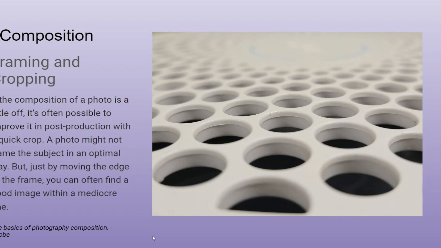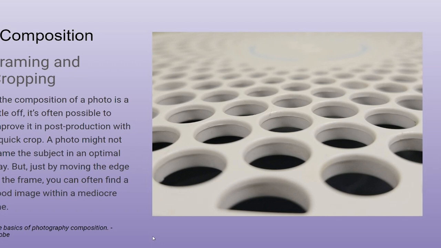So you can do certain things through cropping that can definitely change the focus of your picture and improve the composition. Yeah, so like it says here, just by moving the edge of the frame, you can often find a good image within a mediocre one.